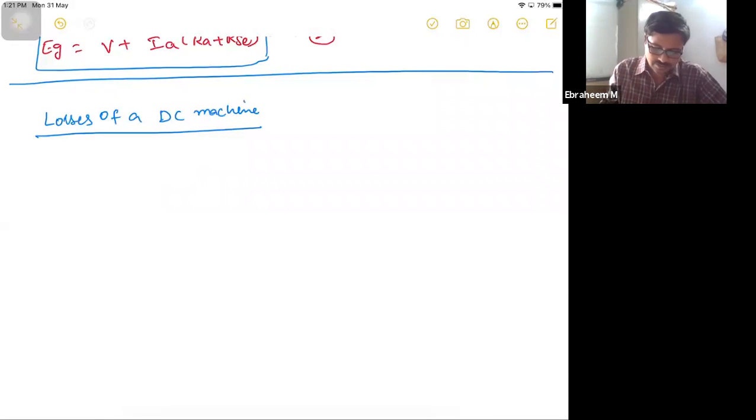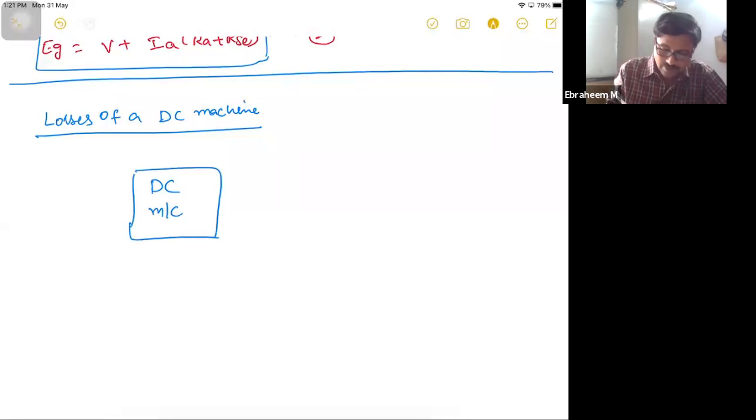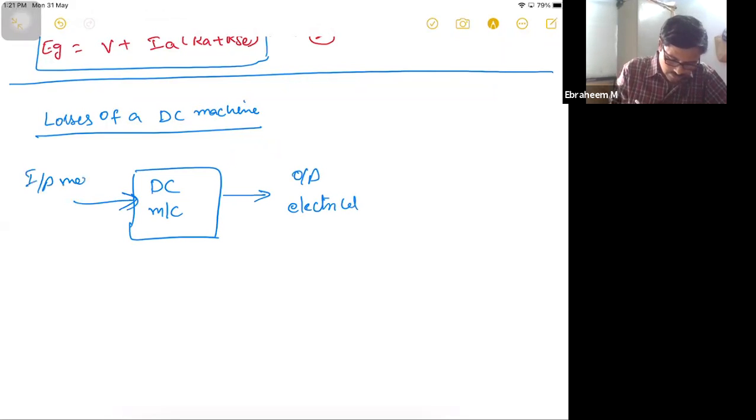I have explained to you that if you take a DC machine, its output is electrical and its input is mechanical energy.